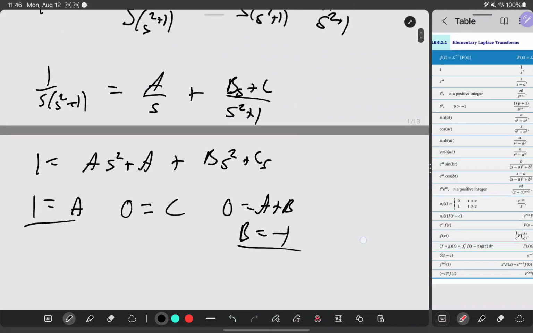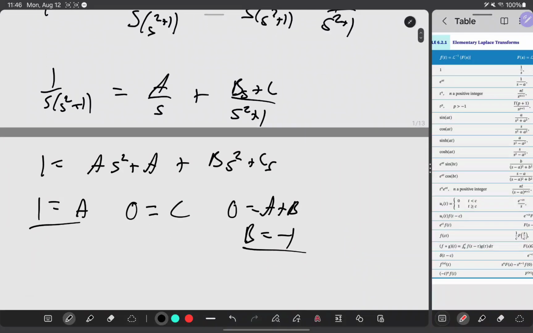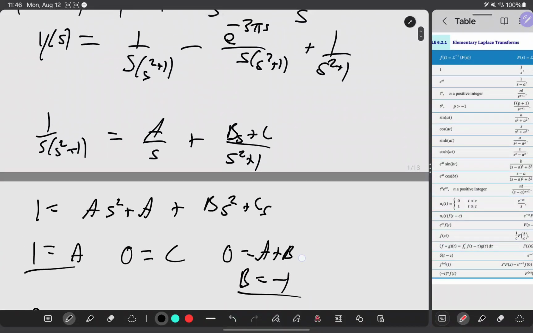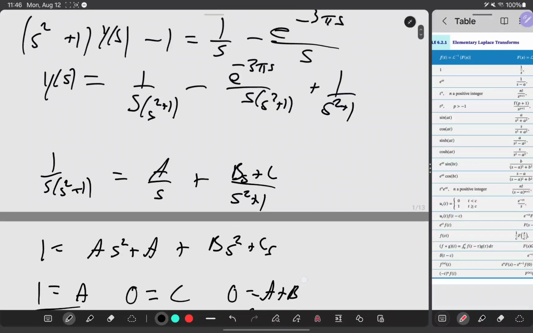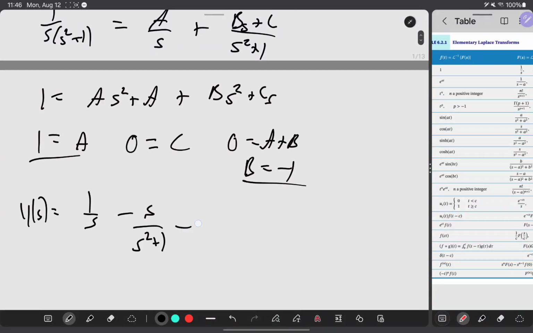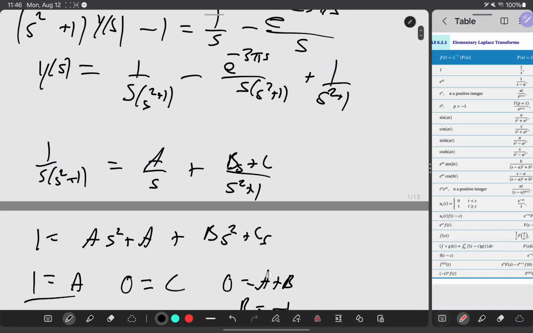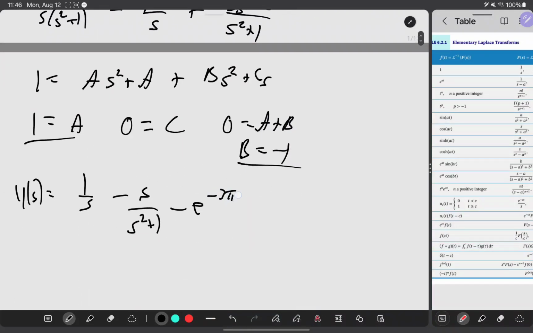Since we did it for this first term, y of s is equal to 1 over s minus s over s squared plus 1. C is 0. And we have this minus e to the minus 3 pi s times the exact same thing. So that would be positive then?